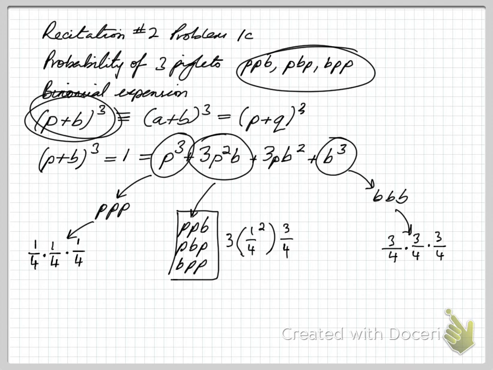You can do all the math and work that out, and it's going to come out to 0.14 or 14%. So you should be able to calculate the probability of getting 3 piglets where 2 are pink and 1 is black. And that's how you solve problem 1C using a binomial expansion.